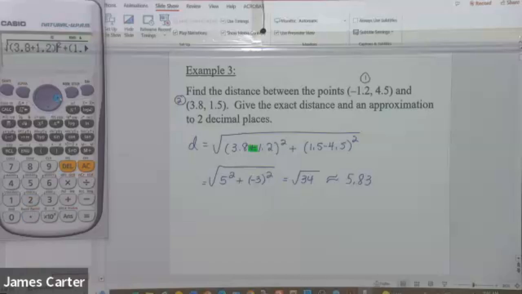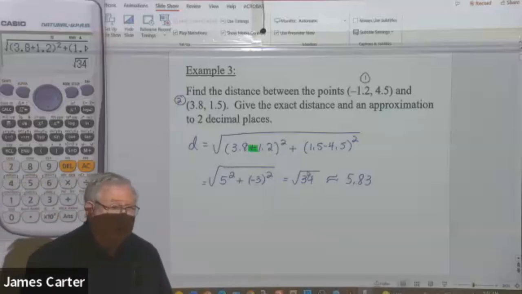Now it should work out right. Okay, and I'm going to hit the equal key. You see, it does come to the square root of 34.